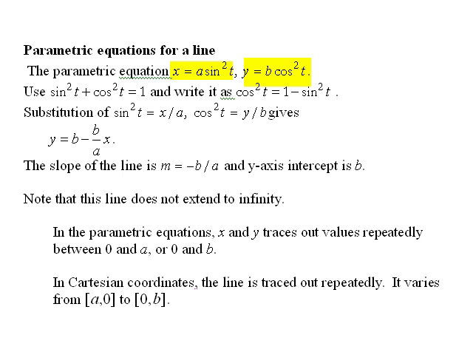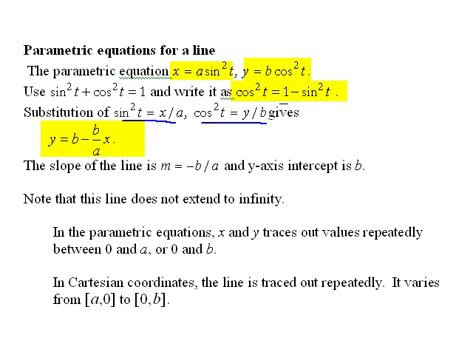We'll get a lot of use out of it here, but let's write it as cosine squared equals 1 minus sine squared. Using these substitutions, sine squared is x over a, cosine squared is y over b. When I substitute it and multiply through by b, I get this, which is just the equation for a line with slope minus b over a and a y-axis intercept of b.